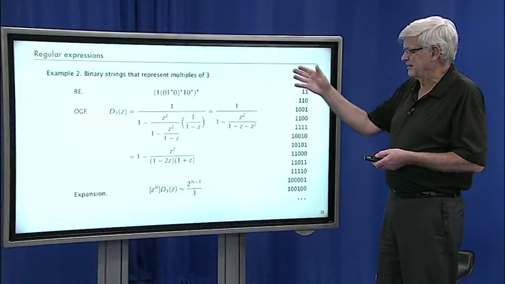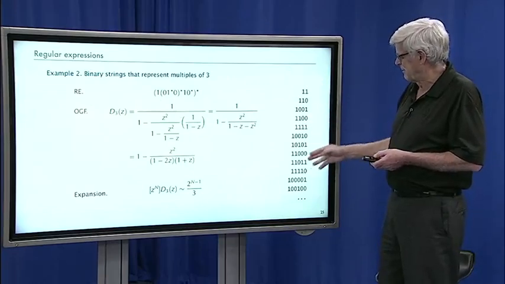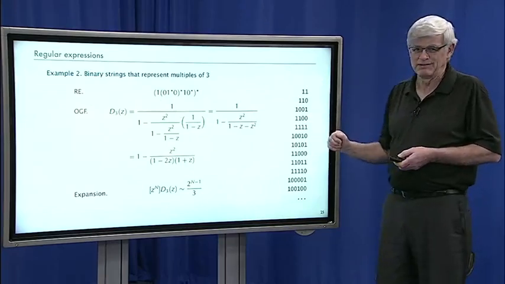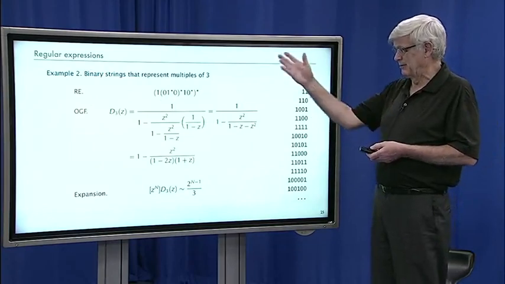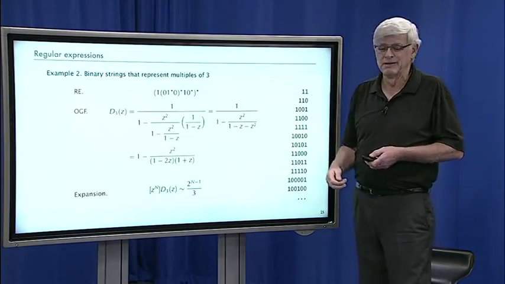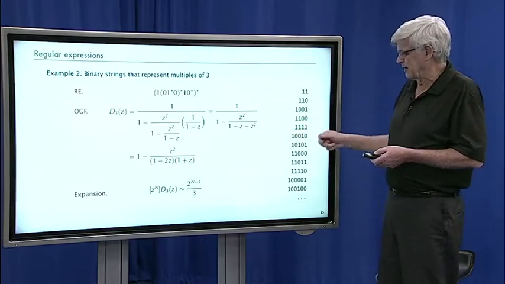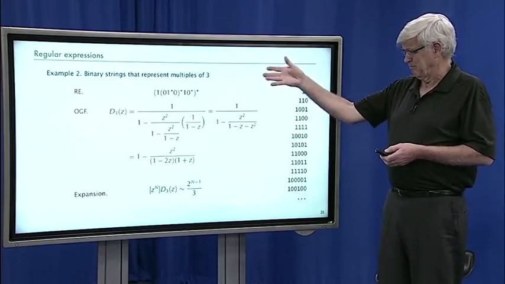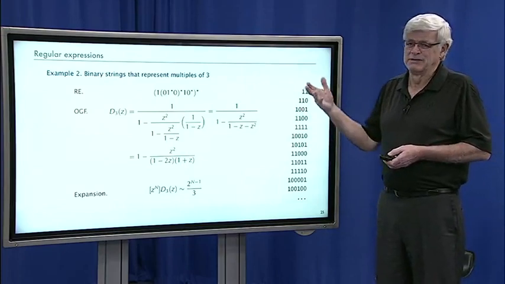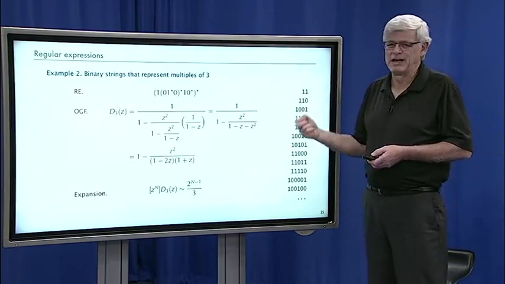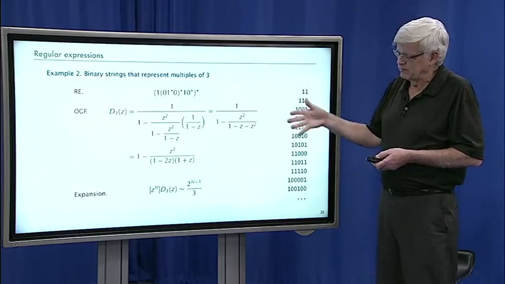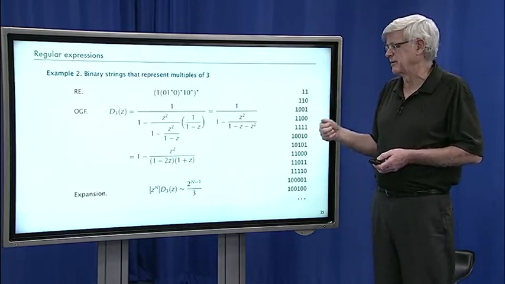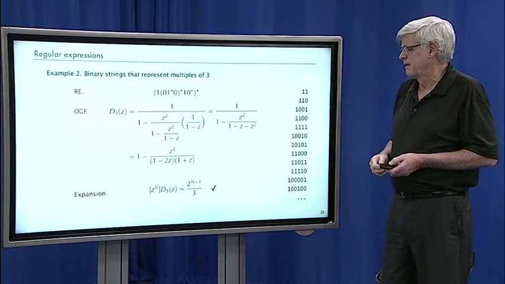And that's what you'd expect. You always have a 1 bit, and then you get 2 to the n minus 1 possibilities, and a third of them are going to be multiples of 3, approximately. There's a minus 1 to the n to make it come out exactly. But this is a fine example of enumerating regular languages. It's just the symbolic method in different notation.